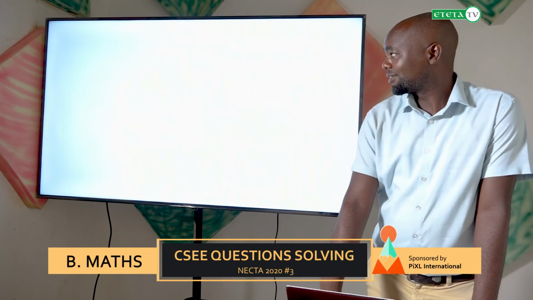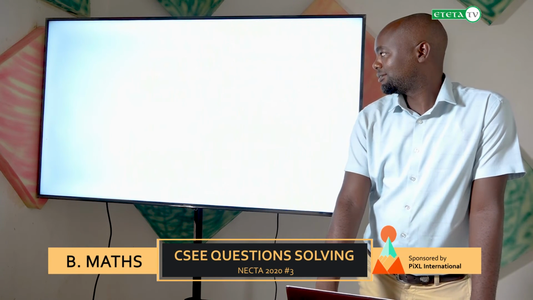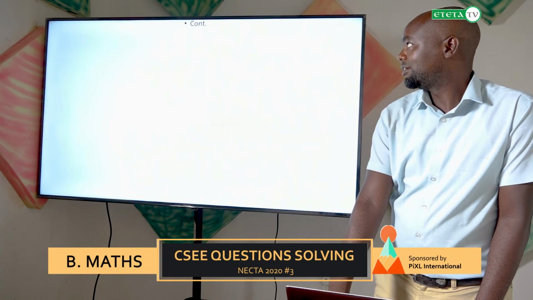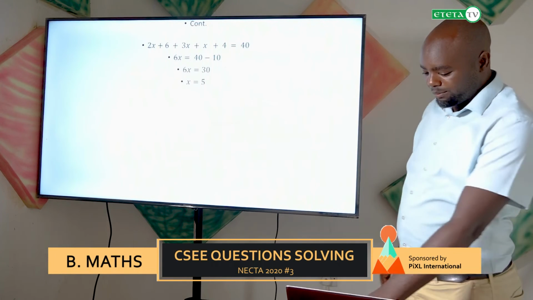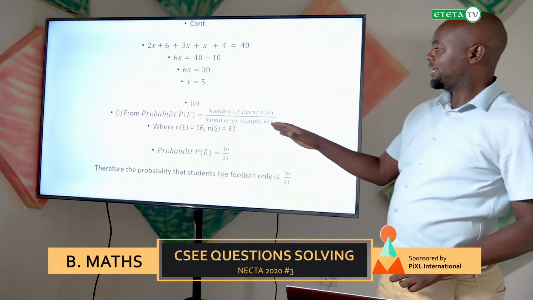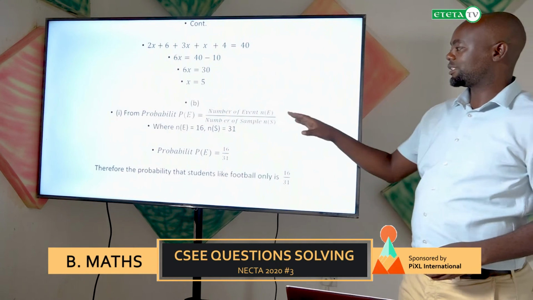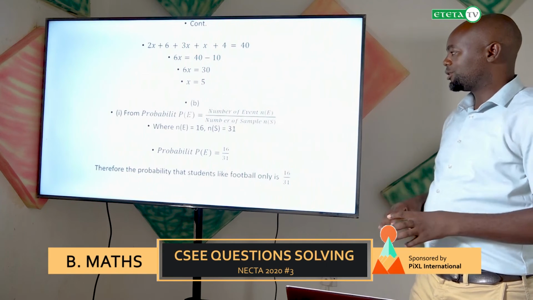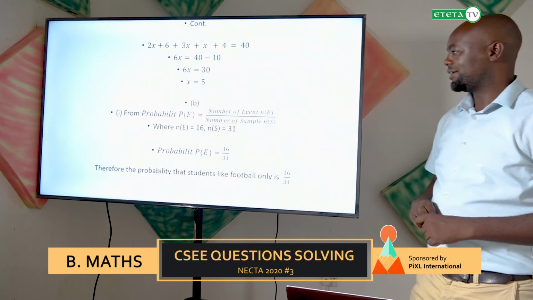So when you substitute in your formula here, the number of students who like football only is equal to 16, and the total sample space is equal to 31.